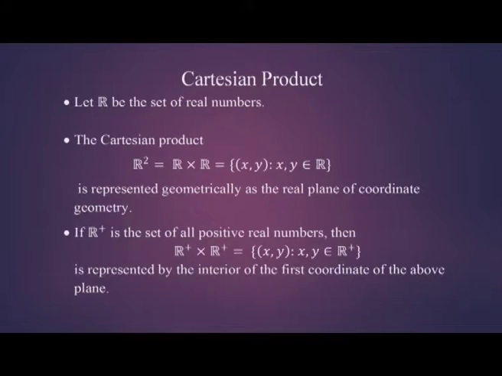Next, let us look at some examples of Cartesian product. Let us consider the set R, which is a set of real numbers.